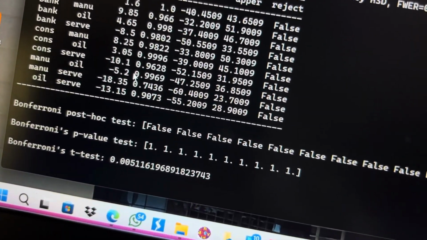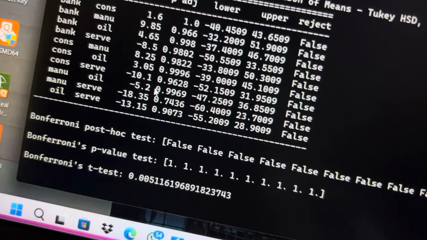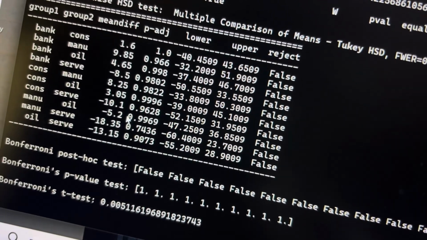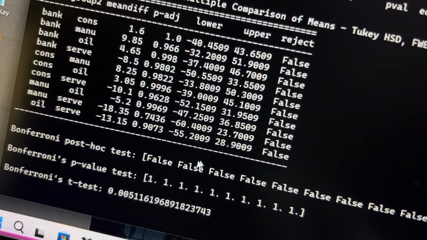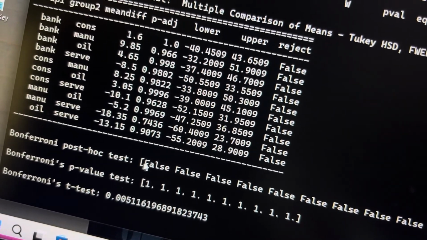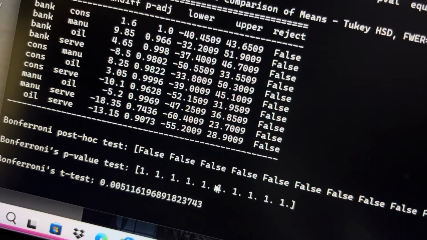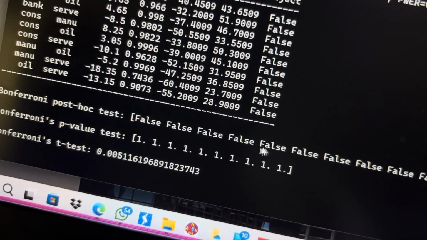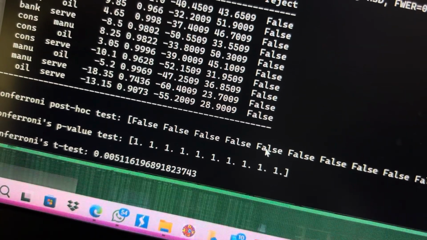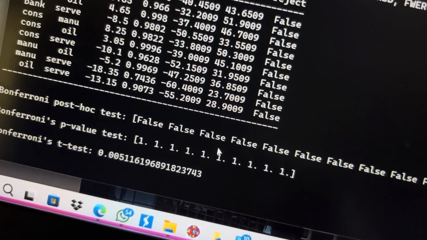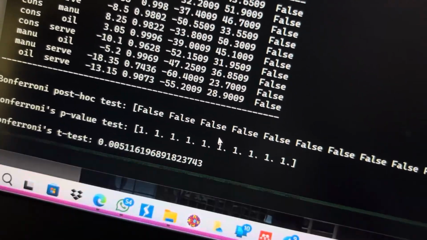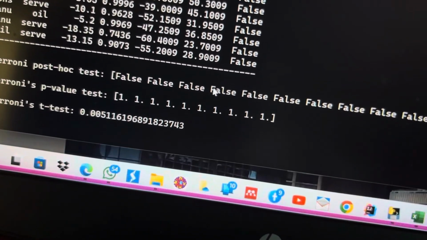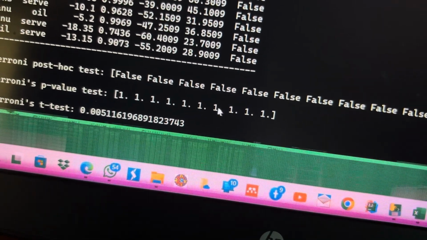Then you have Bonferroni's post hoc, which is also showing false, and Bonferroni's p-values, which are 1.11 each, which means they are really insignificant. So we should not reject the null hypothesis.